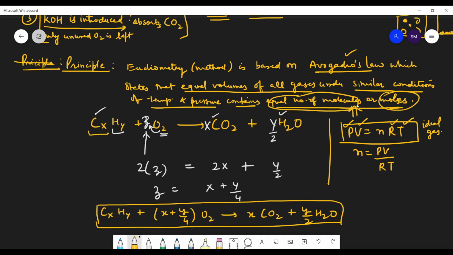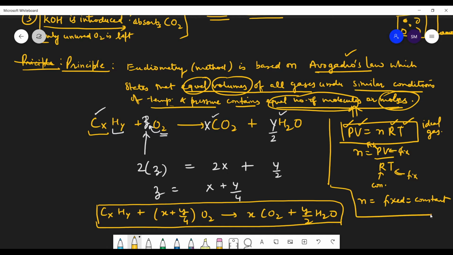When you have similar conditions of temperature and pressure, temperature you have fixed, pressure also you have fixed, and volume also you have fixed, equal volume. So you have fixed all the variables. So this n will be fixed, will it be constant or not? Got the concept?